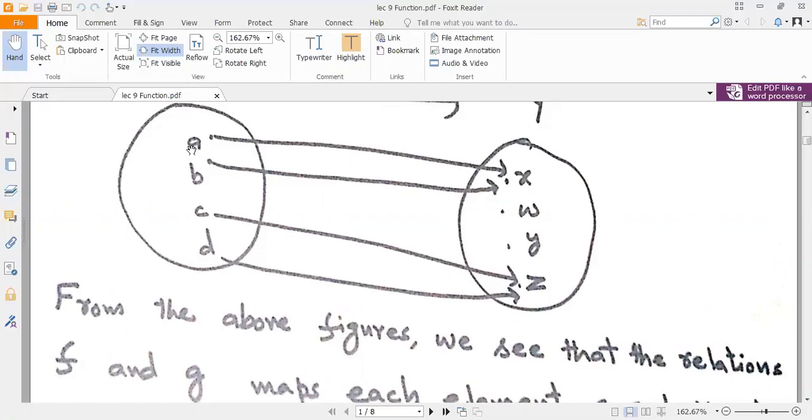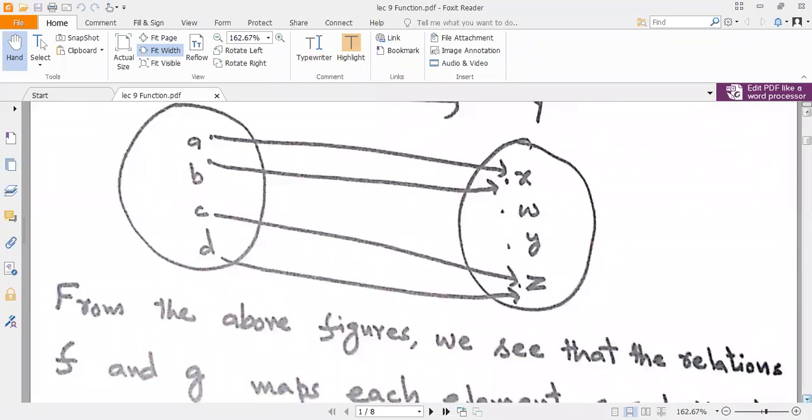The main thing is that every element of X maps to some element of Y, but it must be unique. Means if X has 3 or 4 elements, all of them must be mapped to Y, but the image must be unique. Such a type of relation is called a function.